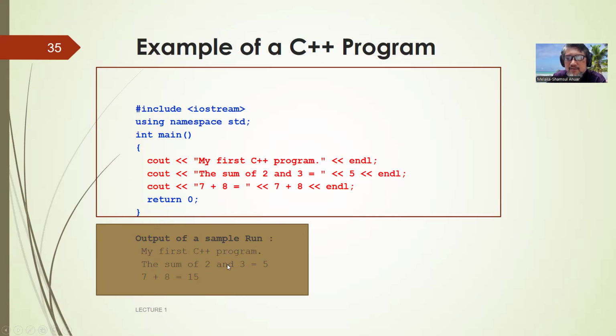The sum of 2 and 3 equals 5. And then 7 plus 8 equals 15.